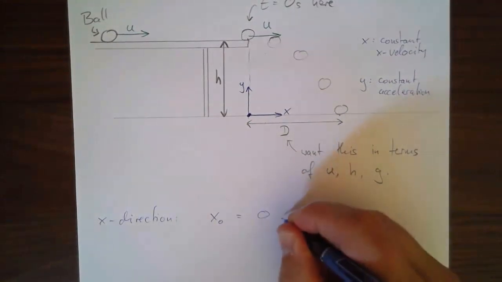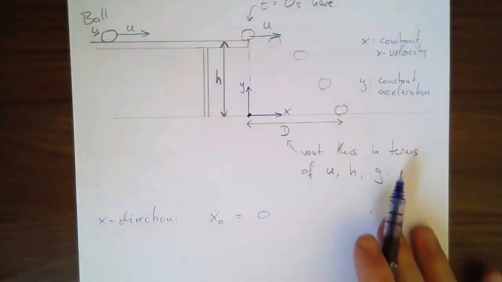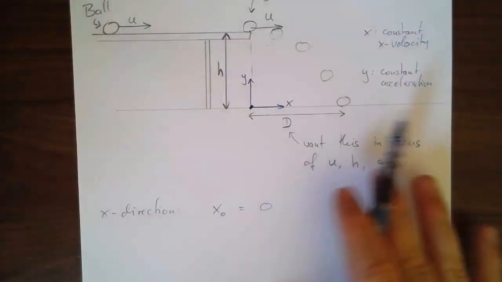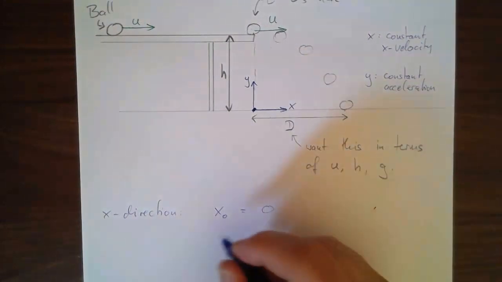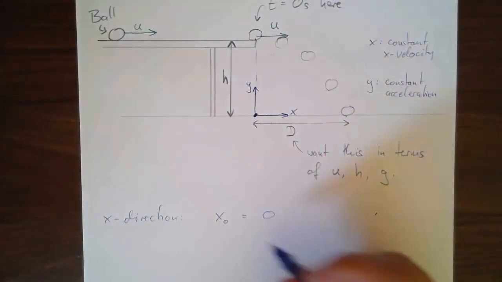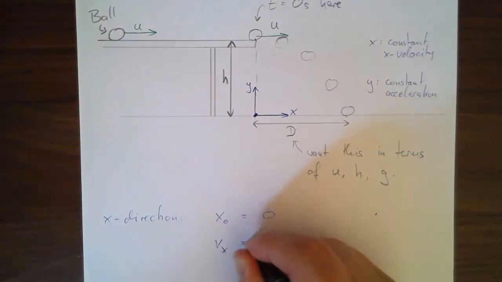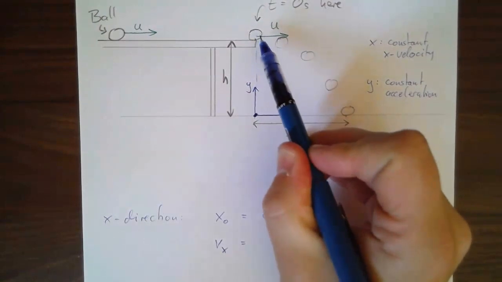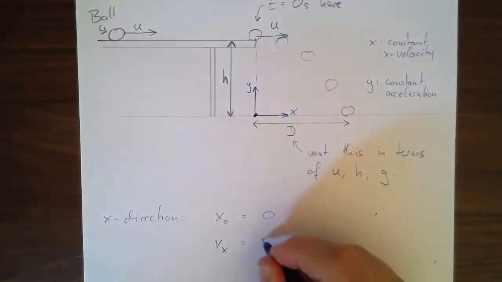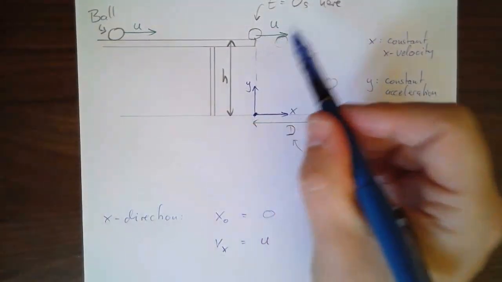Of course, this is going to be all in meters, but right now we're working symbolically, so I'm going to leave out the units. And then the velocity: what's the x velocity? Well, it stays constant, so it is what it is at the beginning, and it's just u, because u in this case just points to the right. It's not some funny angle where we'd have to take components.